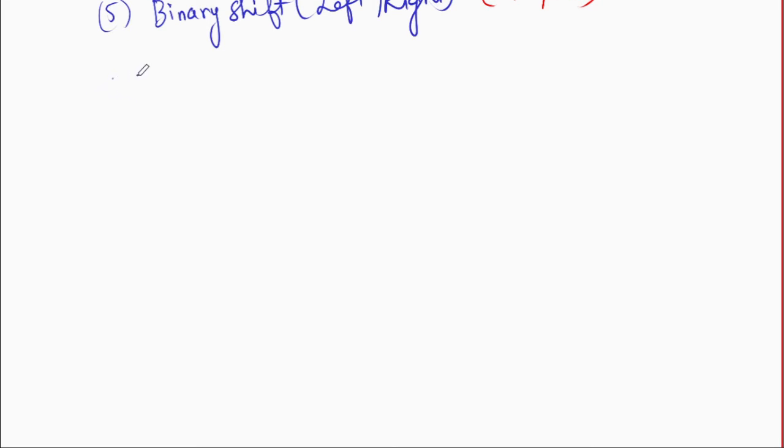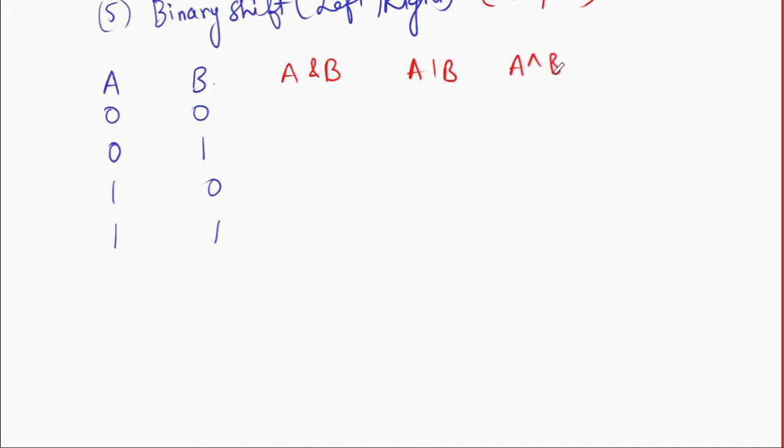Let's say the two numbers are A and B, and the binary representations are written, so 0001 1011, and let us do A and B, A or B, A XOR B, and not of A. What the AND property says is that whenever both are 1, the value will be 1. In all the remaining cases the value will be 0.